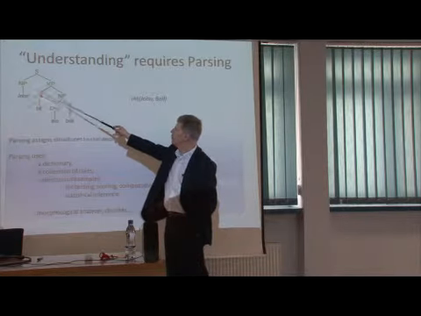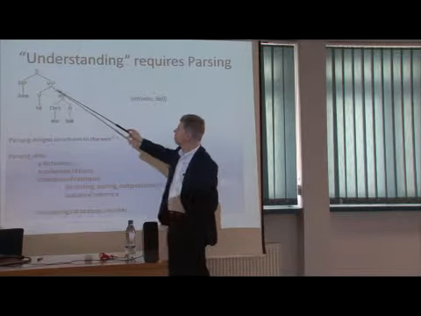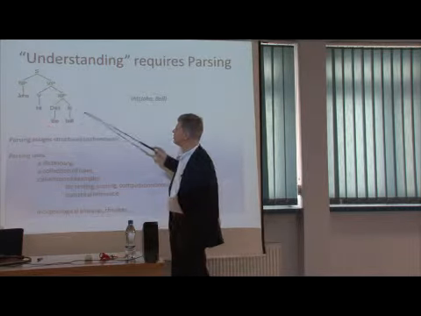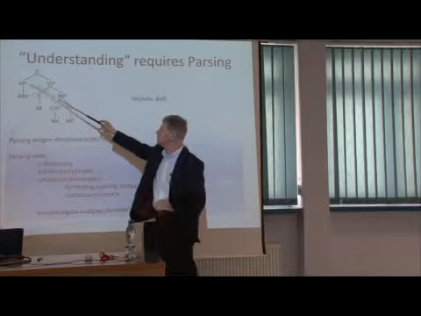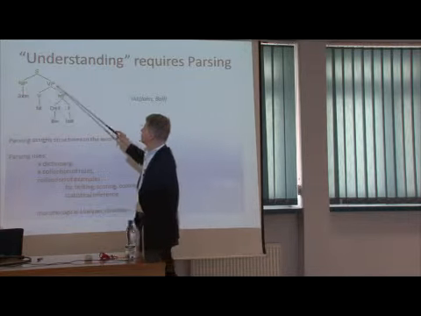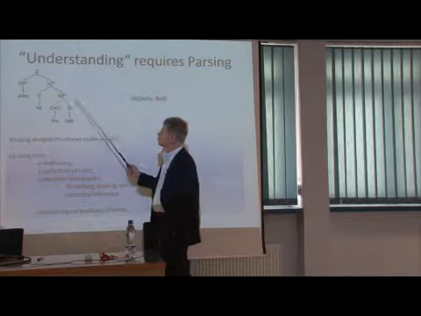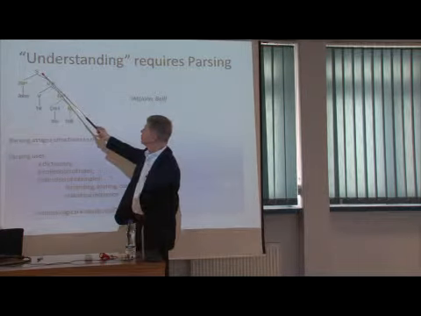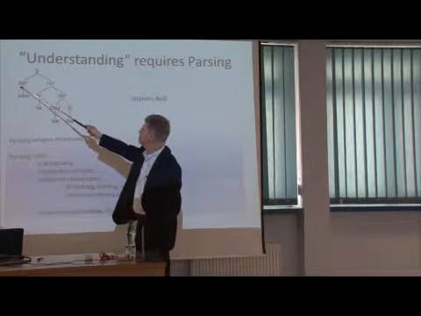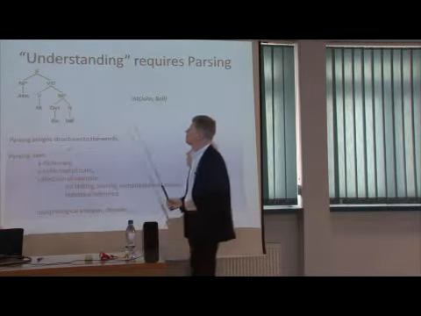Hit is a verb. Altogether, these form a verb phrase. This is the object, all right? John is a noun phrase and a subject. Subject plus a verb phrase creates a sentence. So this would be a grammar rule saying a sentence consists of a noun phrase followed by a verb phrase.